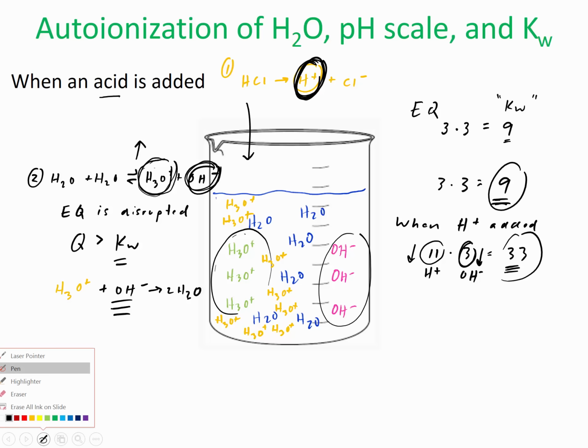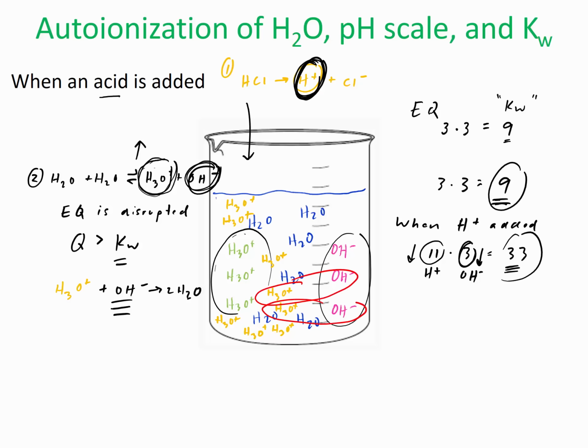So some of these will be consumed, and it'll really drive down the OH number. The H3O number also goes down too. So now those will be gone, and that will be gone. So now if we count it up, we'll have 1, 2, 3, 4, 5, 6, 7, 8, 9. Okay, so now equilibrium is reestablished, just like Le Chatelier says is supposed to happen.